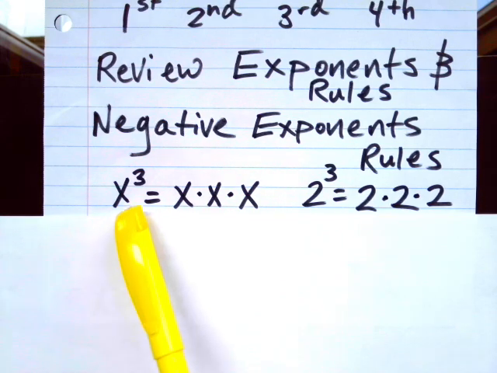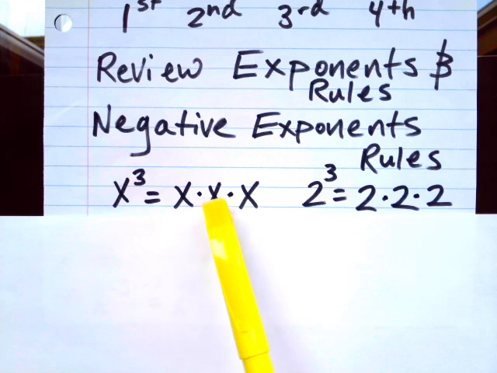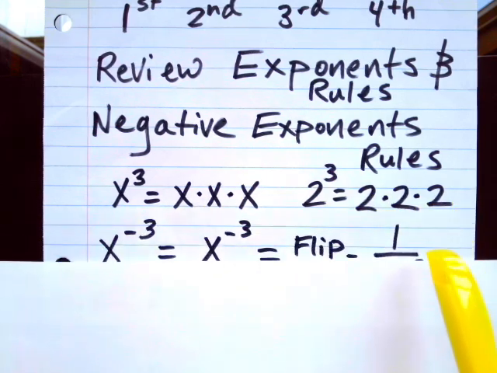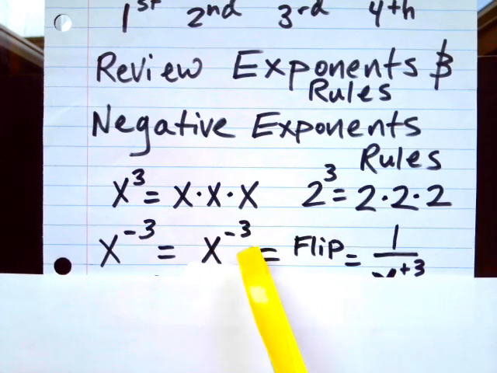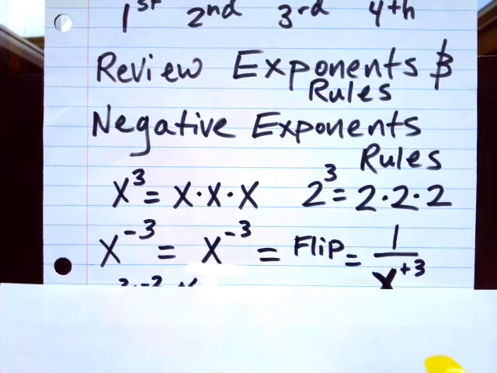So here I'll do a real quick review. X to the third power is x times x times x. 2 to the third power is 2 times 2 times 2. And so here when you have an x to the negative 3 power or any negative exponential power, you want to change that into a positive value. The only way you can do that is to flip that particular term.